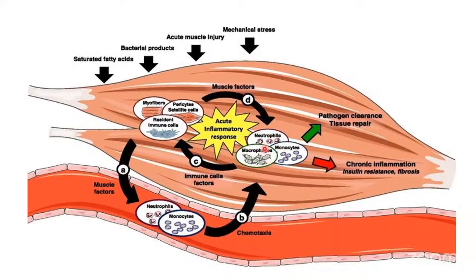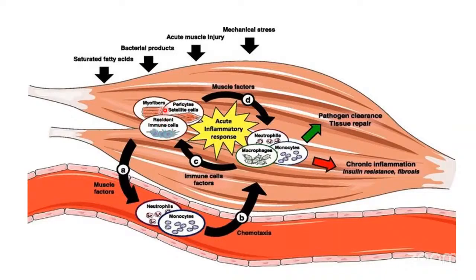You can see here, this will cause an acute inflammatory response with a lot of neutrophil buildup in these muscles. And then the immune cell factors could lead to damage of the muscle tissue.